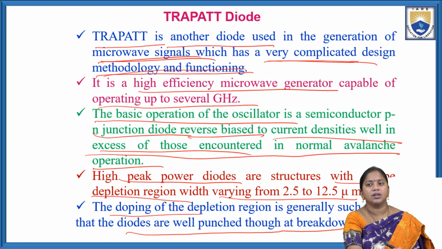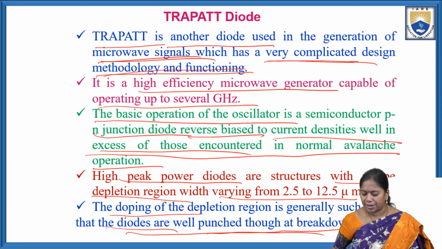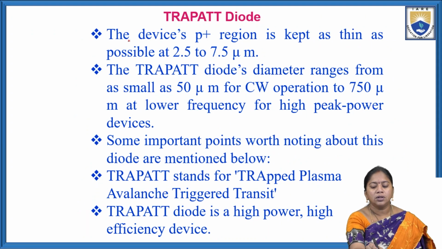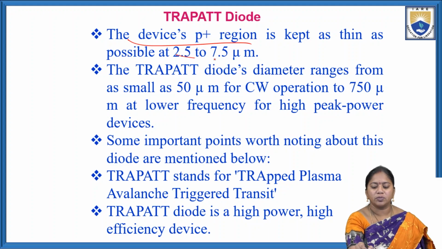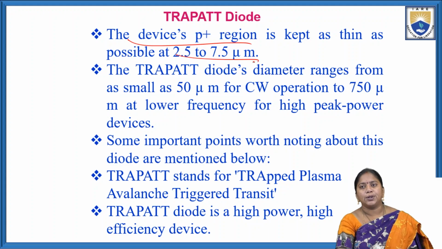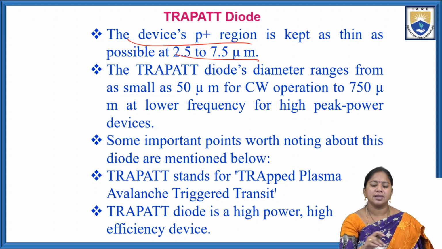The device's P plus region is kept as thin as possible, at 2.5 to 7.5 micrometers.